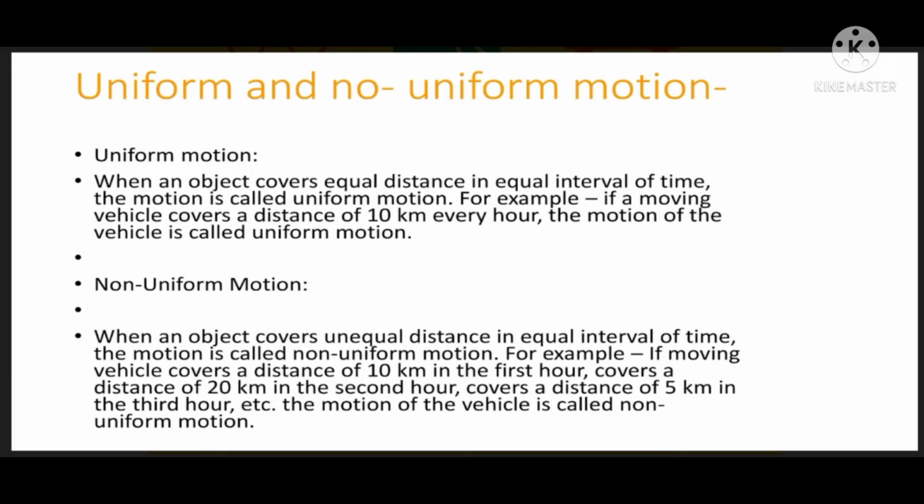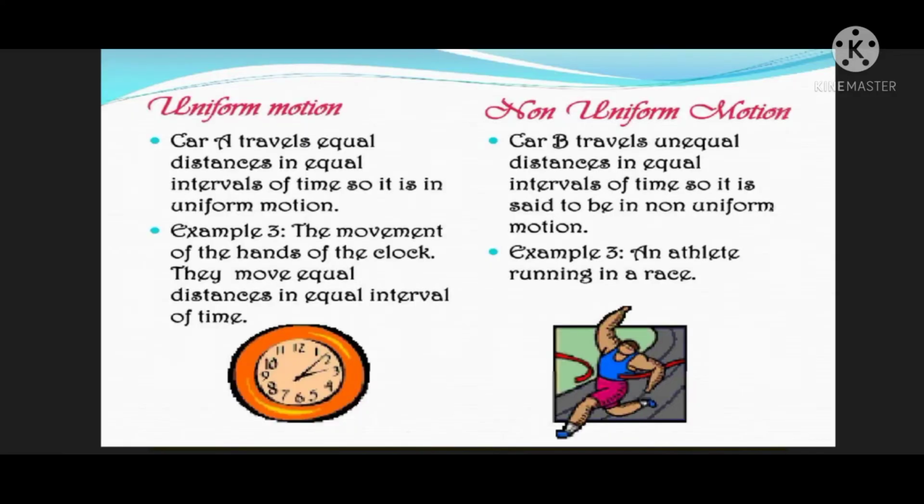Now, how can we differentiate uniform and non-uniform motion? In uniform motion, car A travels equal distances in equal intervals of time, so it is in uniform motion. In non-uniform motion, car B travels unequal distances in equal intervals of time, so it is said to be in non-uniform motion.